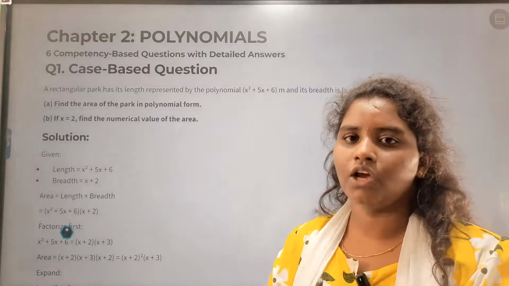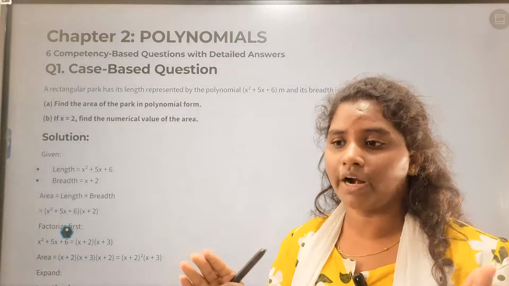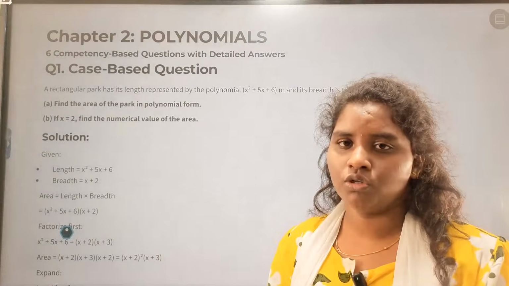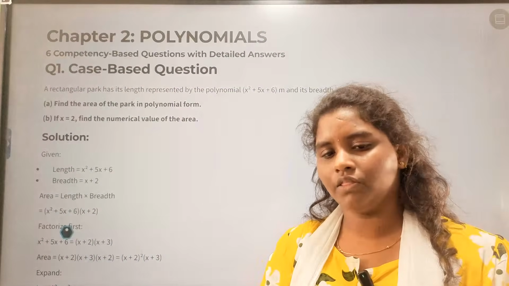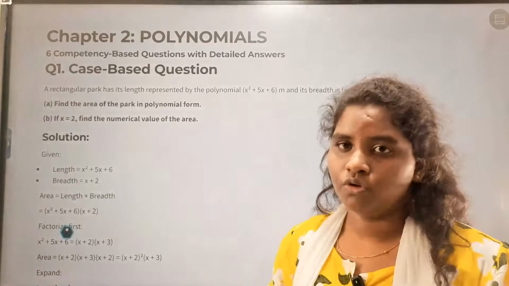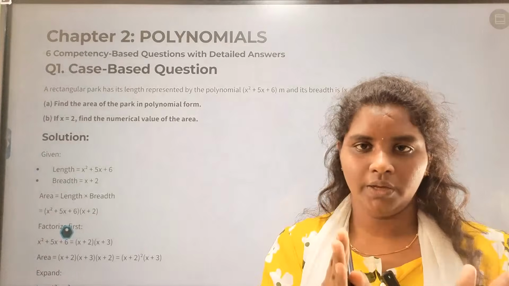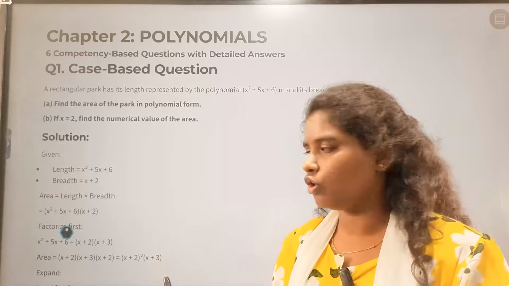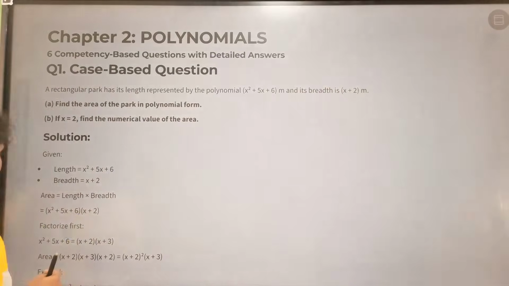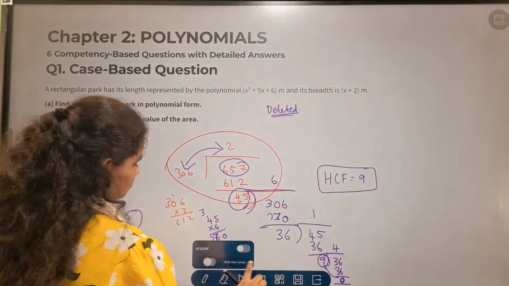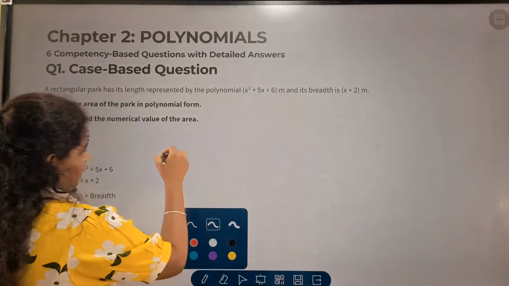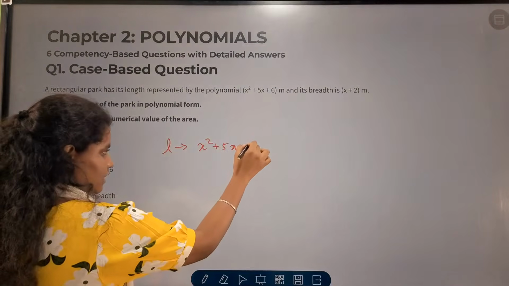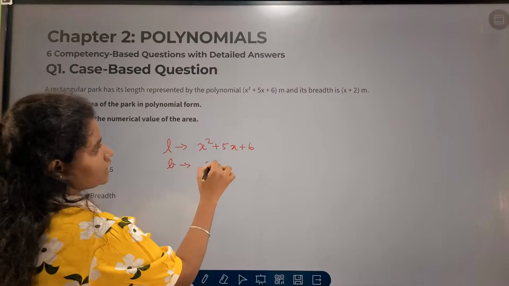So what is the area in rectangle format? Area of rectangle is equal to L into B, right? We just have to multiply the length value and the breadth value. So the length is x square plus 5x plus 6 and the breadth is x plus 2.